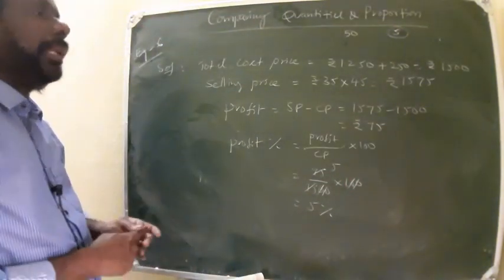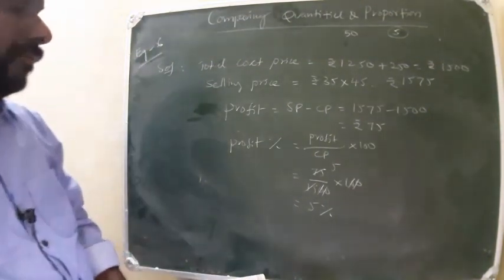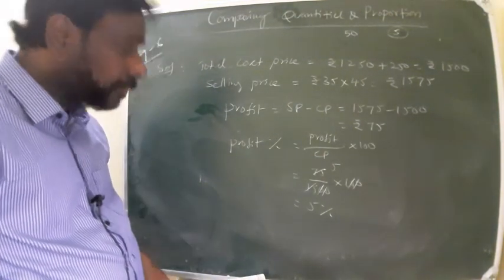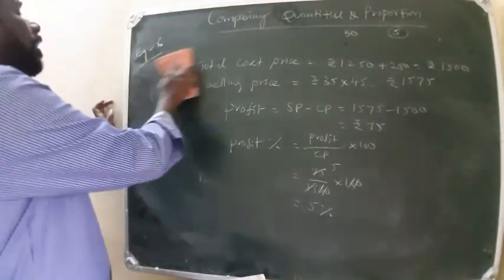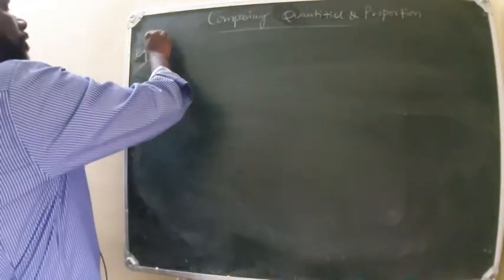So total profit percent is 5%. Okay. Now you'll see the example 7.